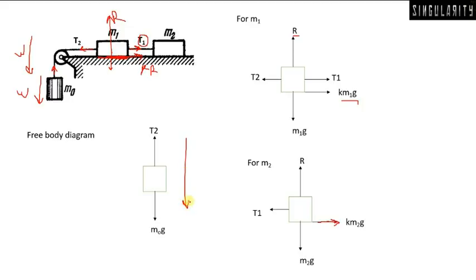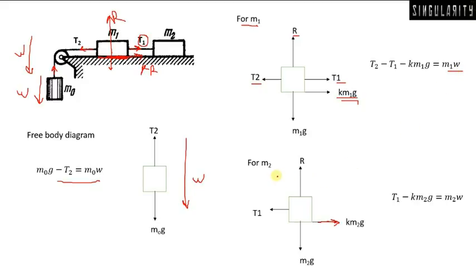Since M0 is accelerating towards the earth, its equation of motion will be M0 g minus T2 equals M0 W. Similarly, the equation of motion of M1 will be T2 minus T1 minus k times M1 g equals M1 W, and the equation of motion for mass M2 will be T1 minus k times M2 g equals M2 W. So now we have three equations.